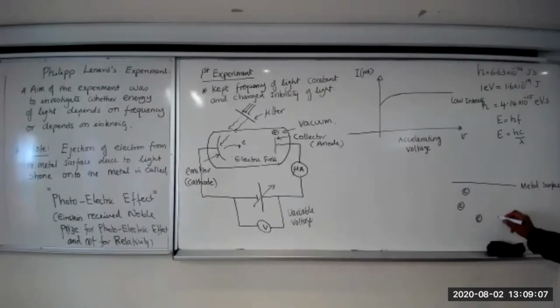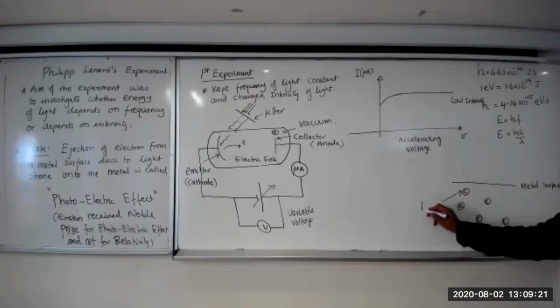Some of them are difficult. Okay, we need energy supply to liberate them. Let's say this is the least bound electron. We're talking about this least bound electron lots of time.